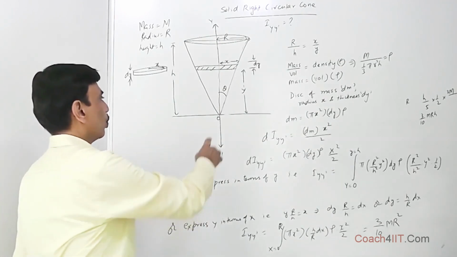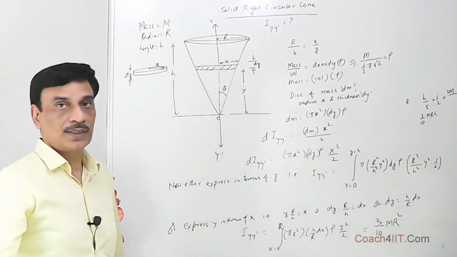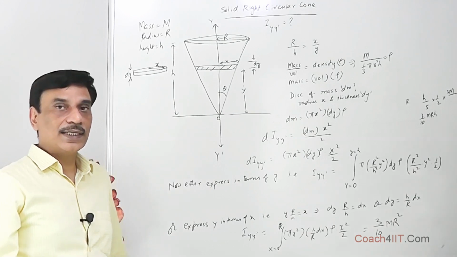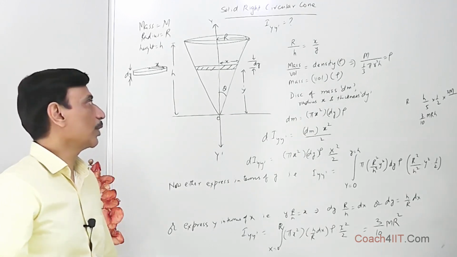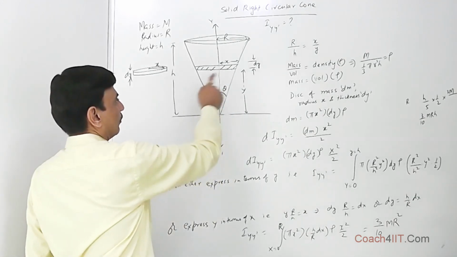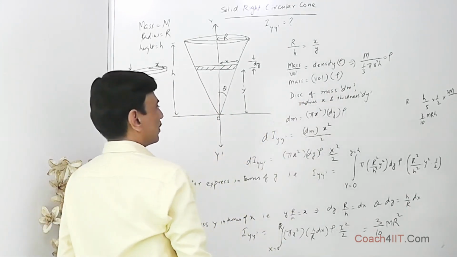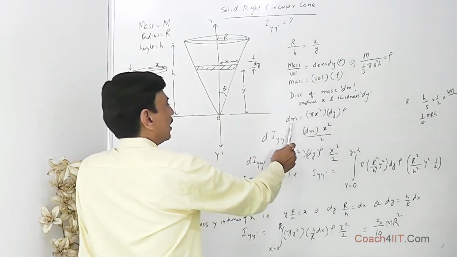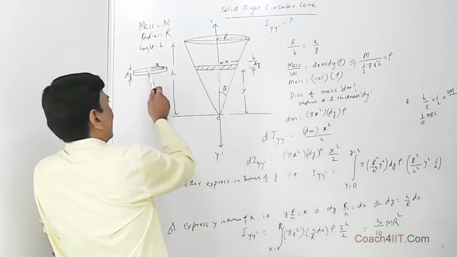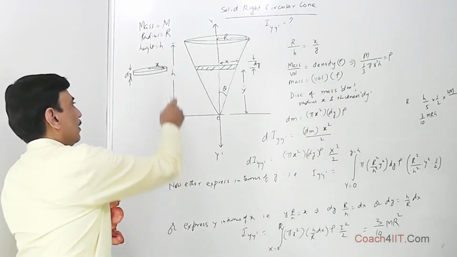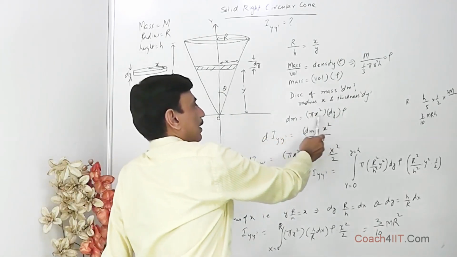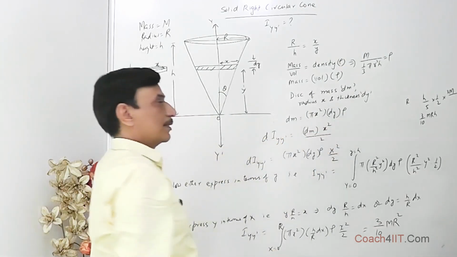So at a distance y, we have taken a disk of thickness dy and radius x, and now we are going to find its moment of inertia. First is the mass dm. Radius is x and thickness is dy. So dm comes out to pi x square, that is area, into dy, the height. Area into height becomes volume, and volume into density is mass.